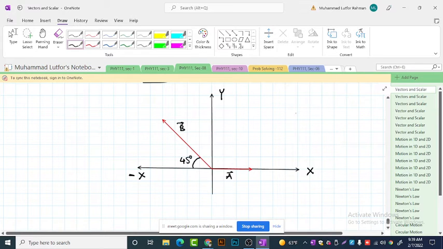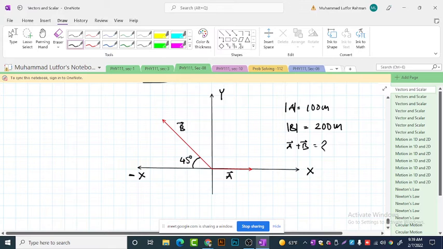And say for example the magnitude of a is 100 meter, and vector b has a magnitude of 200 meter. Now I want to find out the resultant of this vector a plus b.